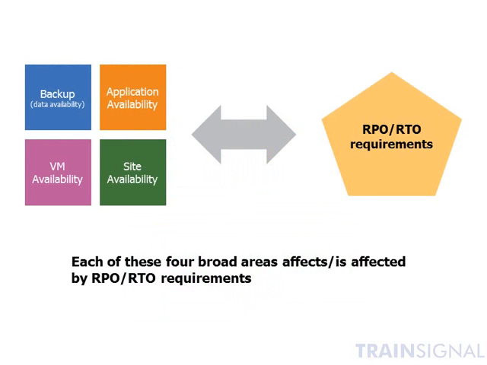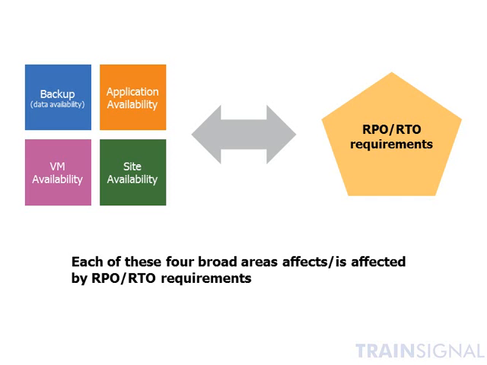Each of these 4 broad areas both affects and is affected by your RPO/RTO requirements. Now, these RPO/RTO requirements were created and generated by you, the architect, as part of the requirements analysis process that I've discussed in other sections of this course.